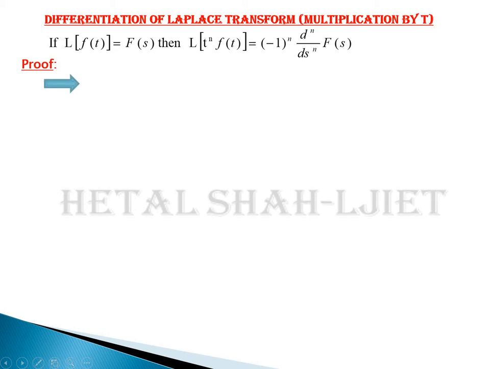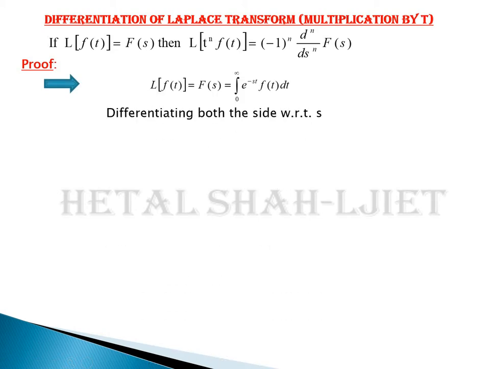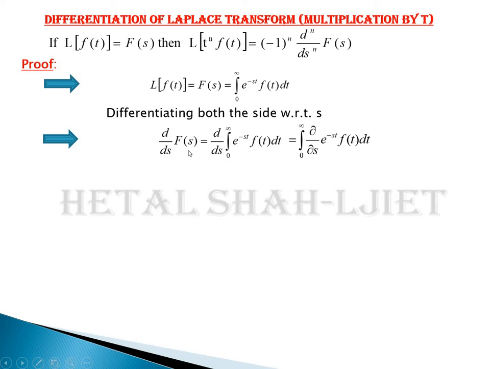Let's check the proof. First start with the definition of Laplace transform. Now differentiating both sides with respect to s, that is d by ds of F of s, that is d by ds of the integral from 0 to infinity of e raised to minus st f of t dt. So we can write del by del s of e raised to minus st f of t dt.